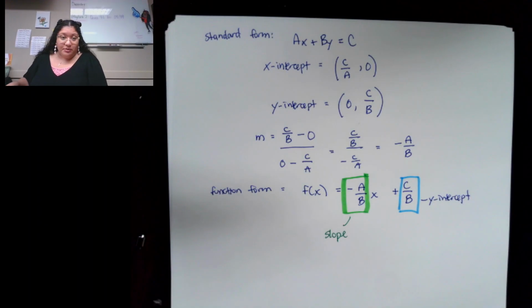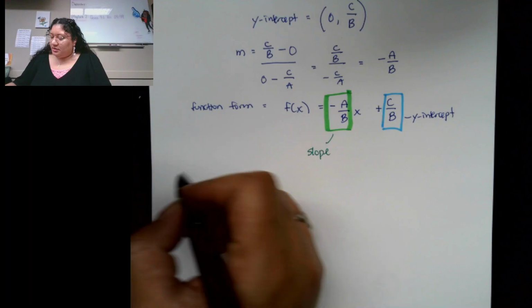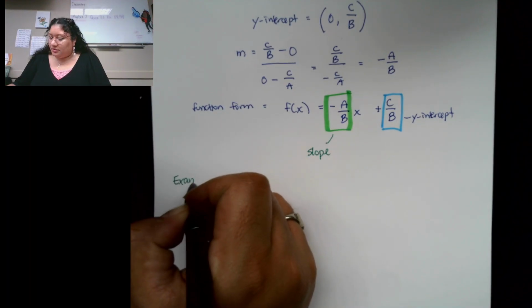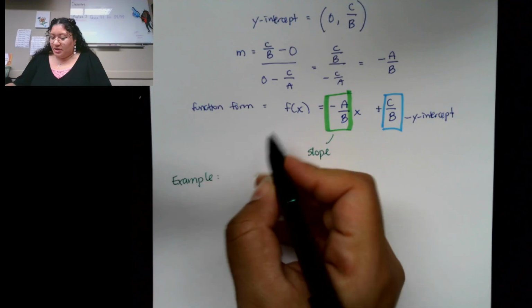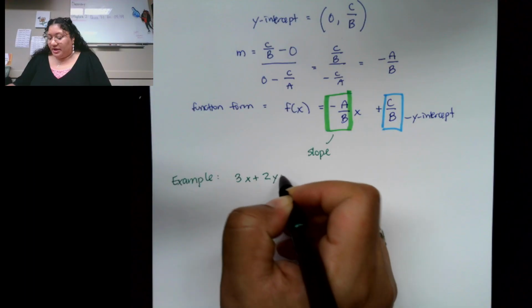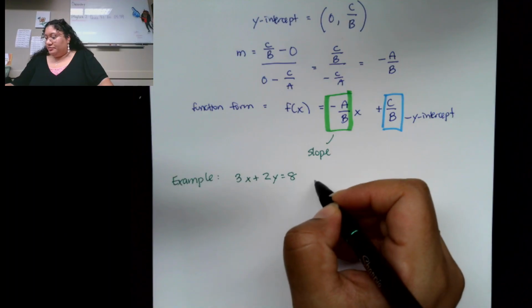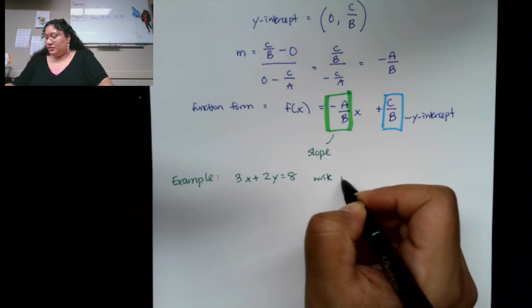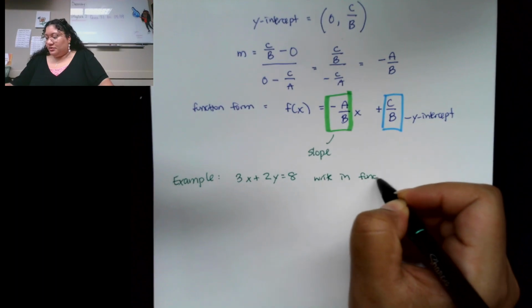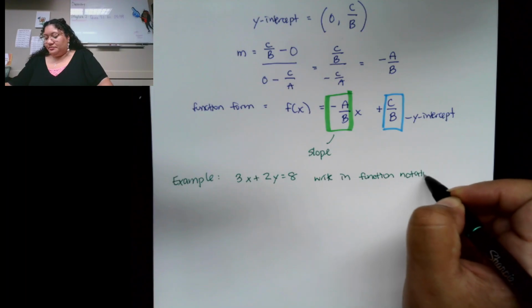Let's solve a problem to make it make more sense, and then we'll finish with that. Okay? So let's do our last example. I have 3x plus 2y equals 8. I want you to write it in function form, or function notation.